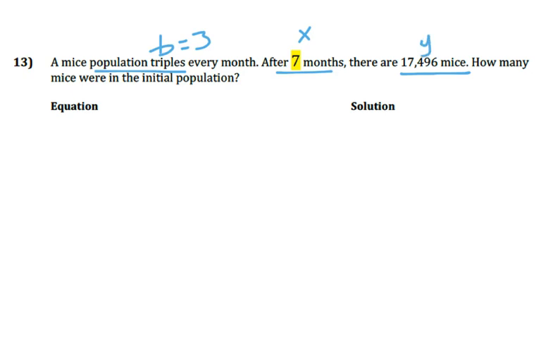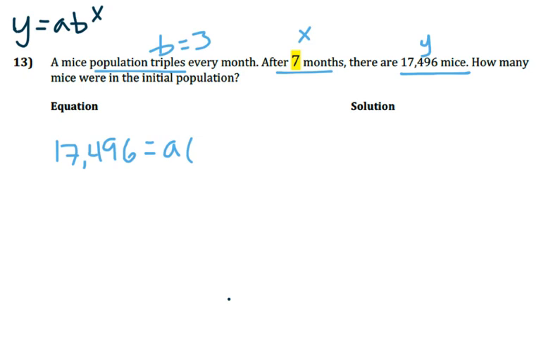And then we're going to substitute in these values to our general form since we don't have any percents. And remember, our general form is y equals a times b to the xth power. So substituting these values in, we get the equation 17,496 equals a times 3 to the 7th power.